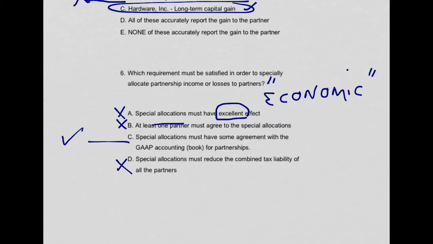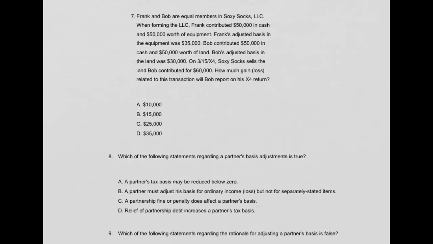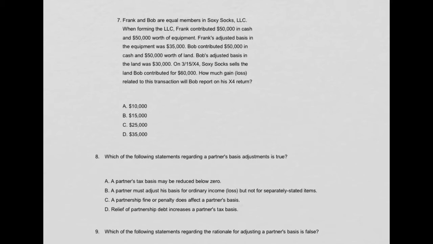We do know that this is what we were talking about. We had more than one class looking at book versus tax, that the tax has to have some agreement. Answer C, tax has to have some agreement with the book somewhere along the line. Done. Okay, let's do one more. If we can do 2, we'll see if we can do 2.